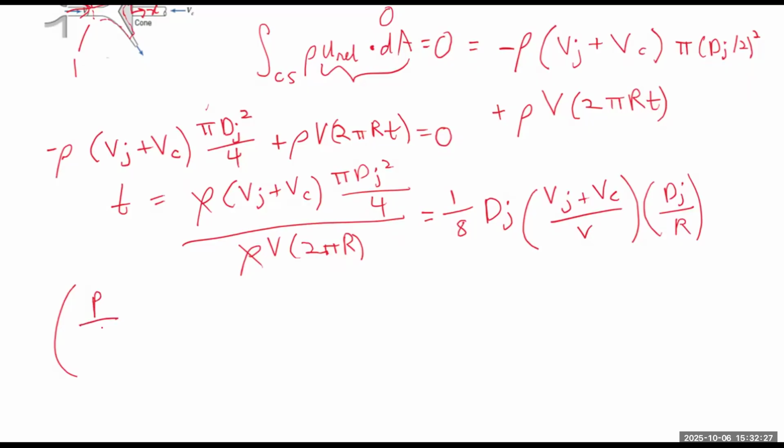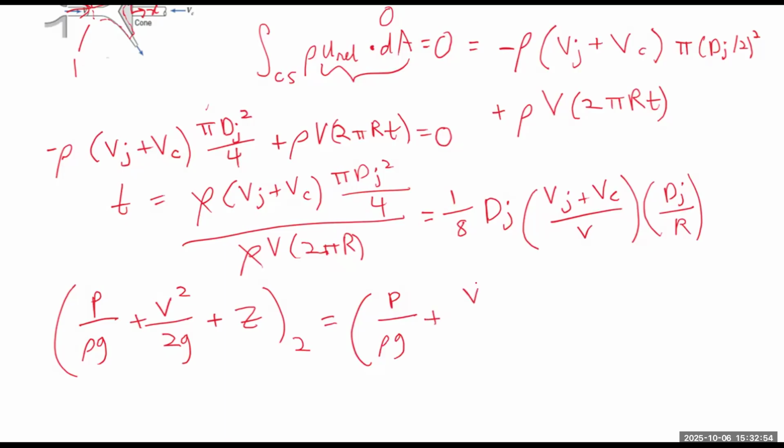the pressure over rho g plus v squared over 2g plus z at 2 is equal to pressure over rho g plus v squared over 2g plus z at 1.